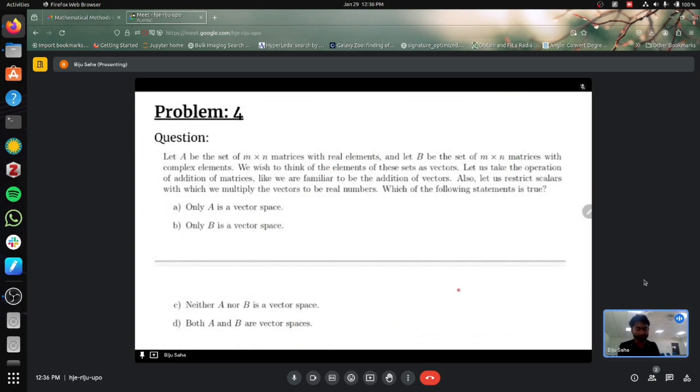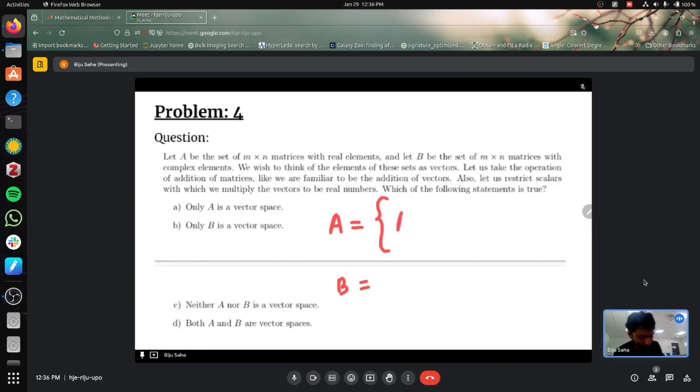Now the next problem is again to check whether the set forms a vector space or not. But right now the elements are not polynomials or numbers, they are matrices. There are two sets stated in the question. One set is m cross n matrices with real elements.